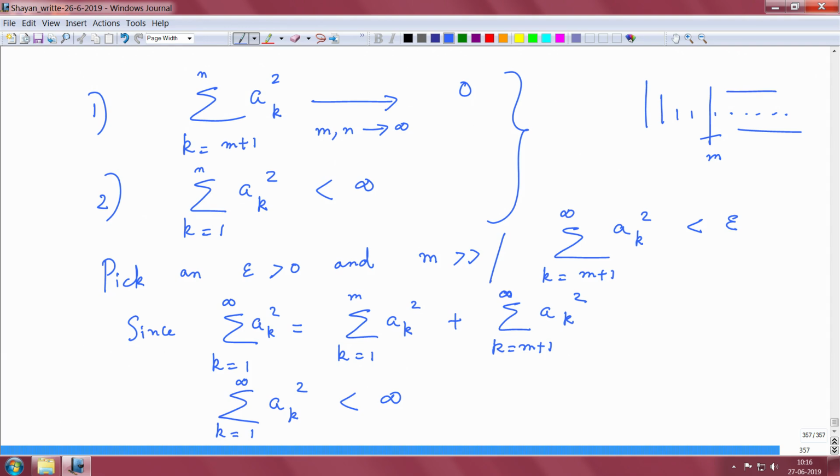This is less than epsilon, and we assume that the series sum, summation k equals 1 to n ak square, is finite. So the first term on the right hand side of equation 1 is finite, and the second term is bounded by epsilon. Therefore the infinite series sum is bounded, or it is finite.